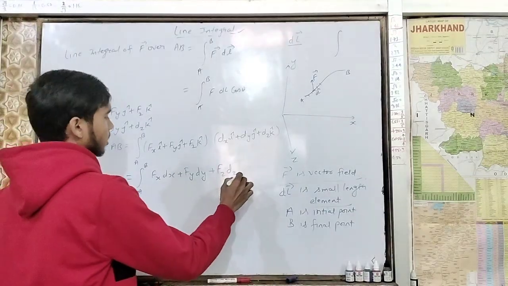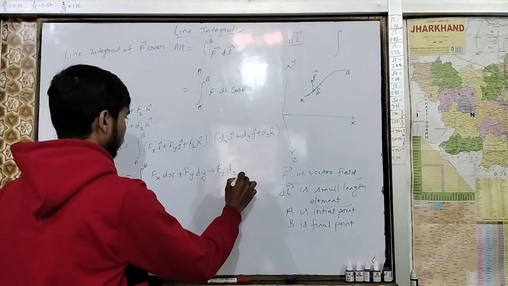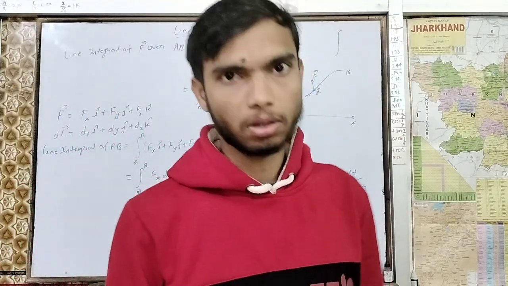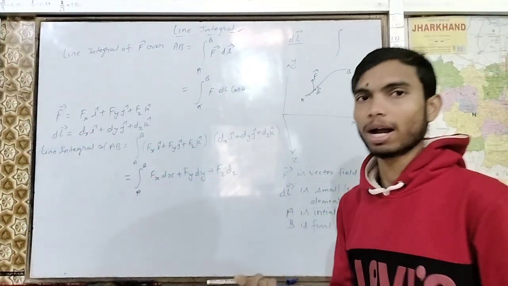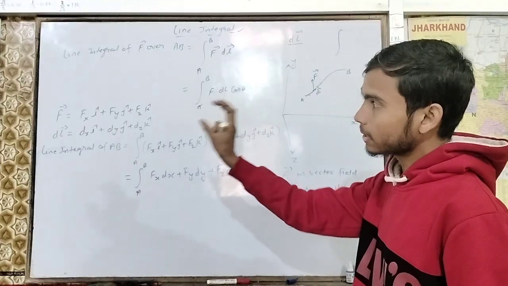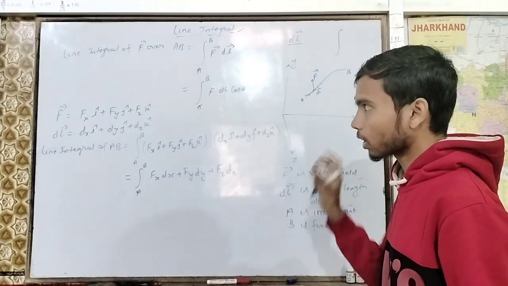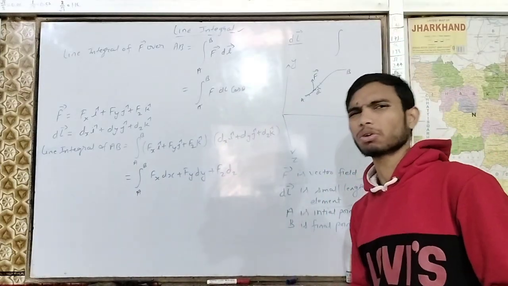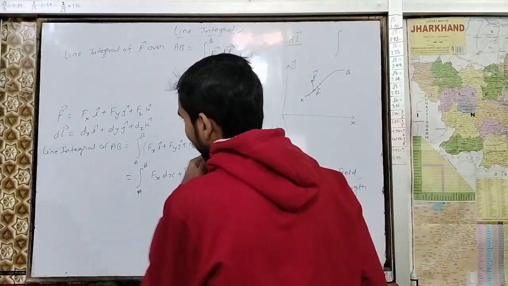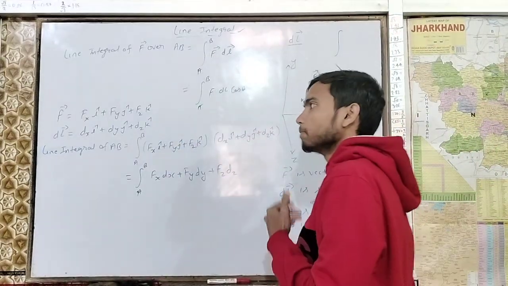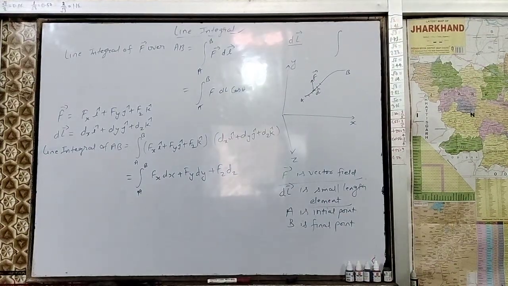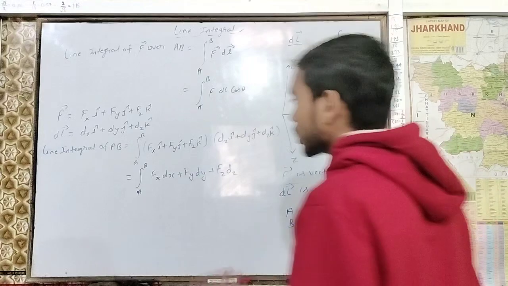This is our final equation to apply in numericals when the question is asking to find a line integral and the question is providing this vector field, or you can say location of a vector function, a point function of a vector, and it is also providing a small length.